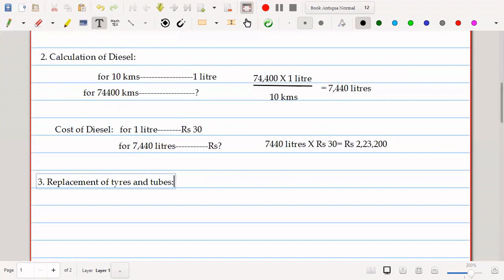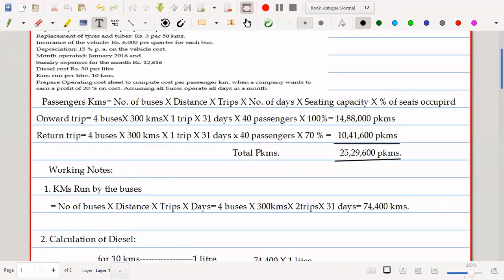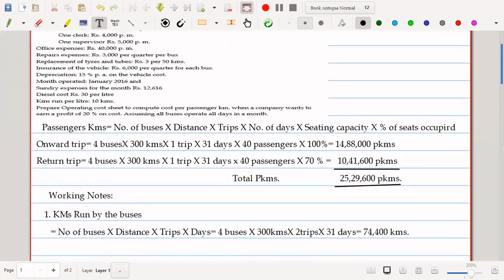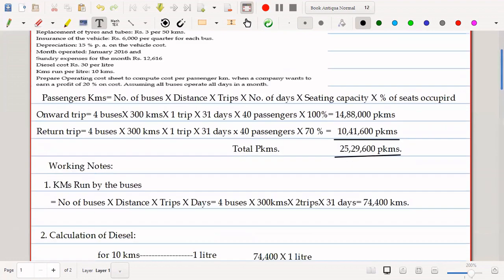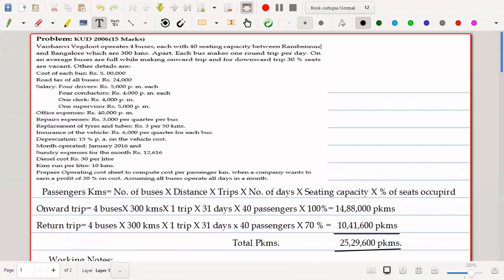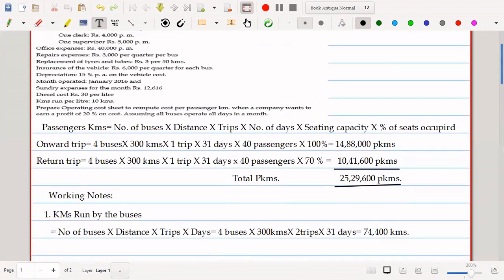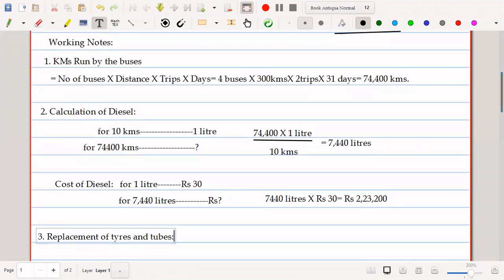Let's see what's given in the problem here regarding tires and tubes. Rupees 3 per 50 kilometers.